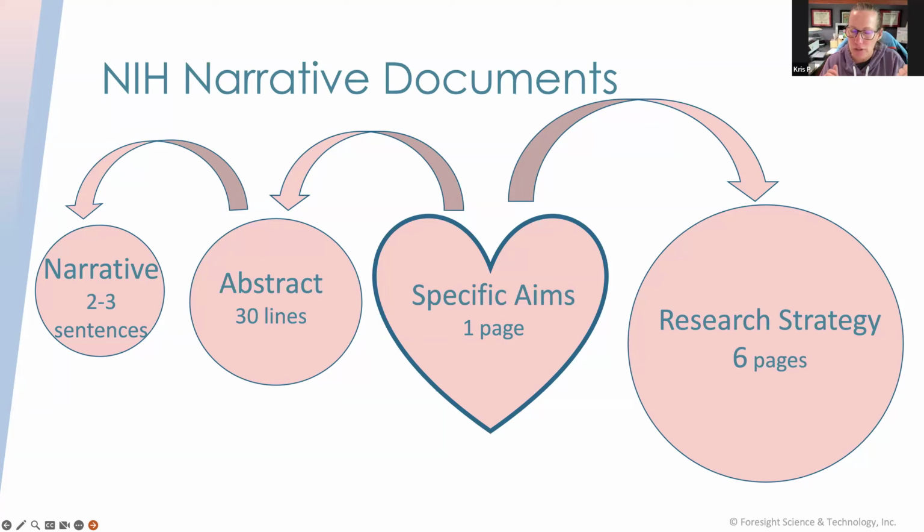In the other direction, the abstract is just specific aims reduced to 30 lines. And then the project narrative, which is 2 to 3 sentences, is just the abstract reduced to 2 or 3 lines. So everything stems from that specific aims document. That really is the key document. And once you nail that, everything else should fall into place.